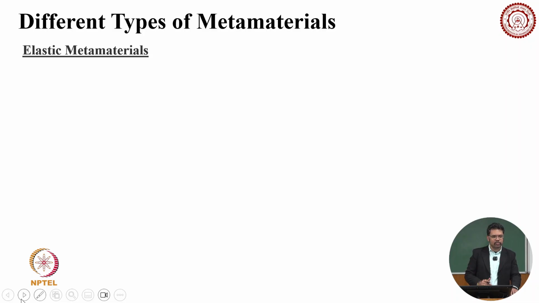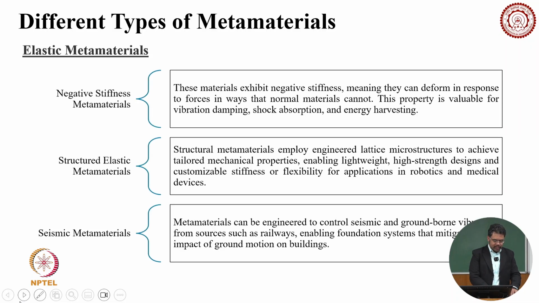Now, if you come to the different types of metamaterial, first we can think of elastic metamaterial. In the case of elastic metamaterial, we are talking about elastic waves. Here, negative stiffness metamaterial exhibits negative stiffness.